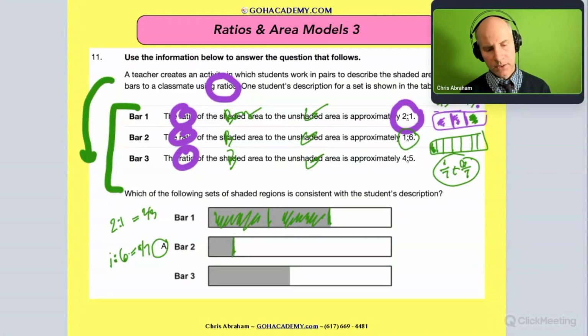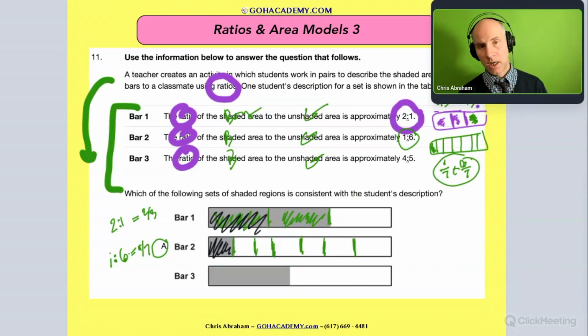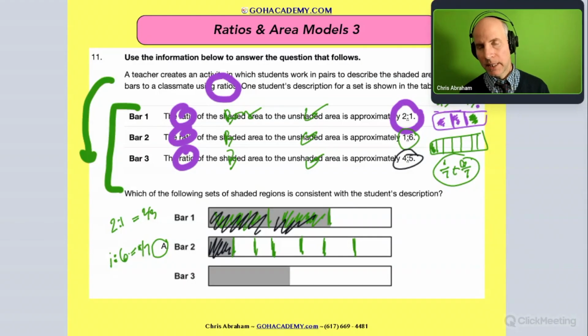And if you look at this, 1, 2, 3, 4, 5, 6, 7. Okay, my drawing isn't perfect, but you get the idea. This is roughly a picture of this one right here is 1/7, right? What about the last one, 4/5? Well, that would be like 9 students, right?